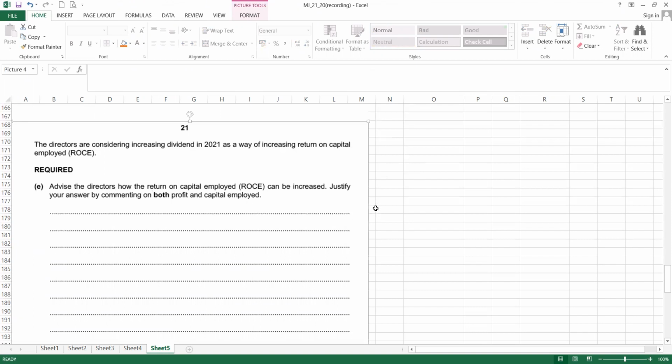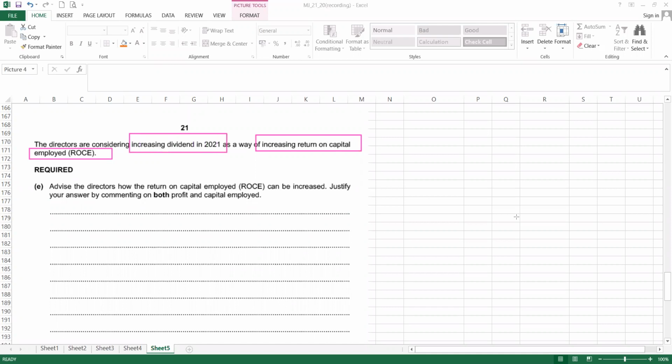Justify your answer by commenting on both profit and capital employed. The reason is they want to increase ROCE because they are thinking of increasing the dividend next year.